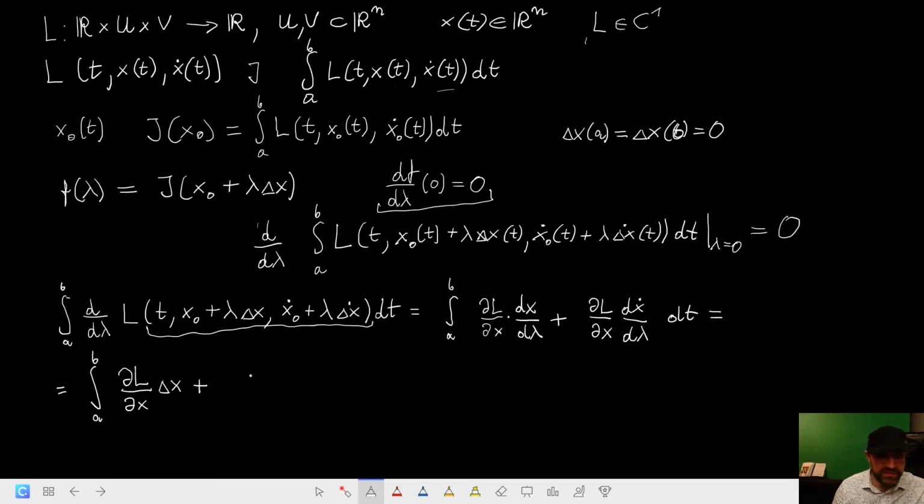And here plus derivative of L over velocity times the same derivative over time, derivative over delta x.